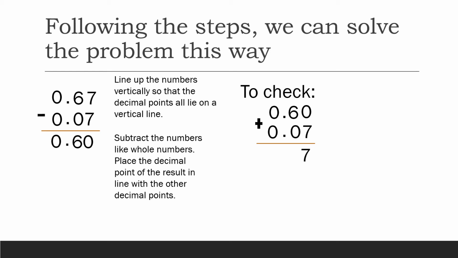So, 0 plus 7 is 7. 6 plus 0 is 6. Then, decimal point. Then, placeholder. Dapat magkapareho yung ating sagot sa addition, saka yung ating minuend sa subtraction. Pagka yan ay magkaiba, ibig sabihin, may mali doon sa ating sagot sa subtraction.